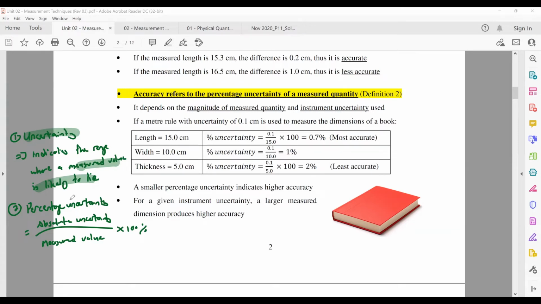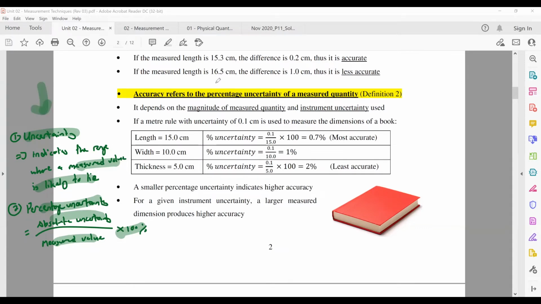Just understand these two terms first. Uncertainty is the range where a measured value is likely to lie. Whereas percentage uncertainty is your absolute uncertainty divided by your measured value times 100%. We will talk more about uncertainty in the later part, but just take these two terms as they are first.